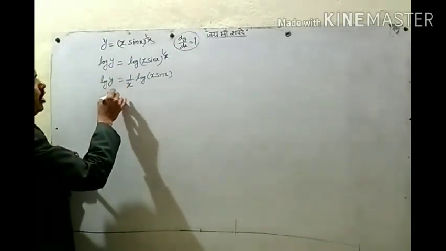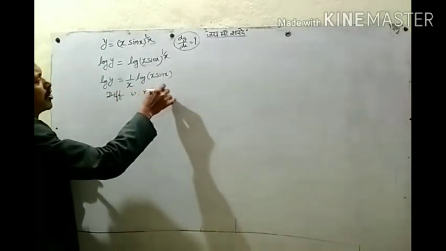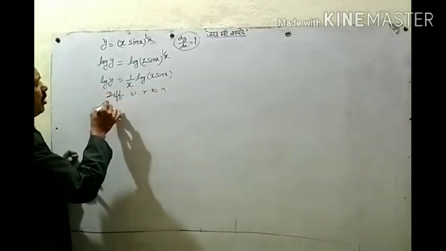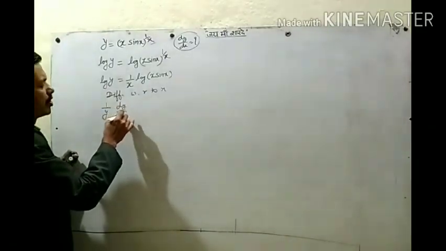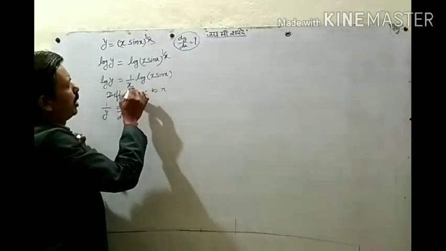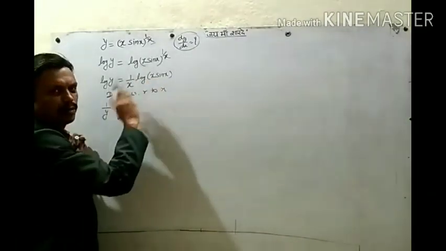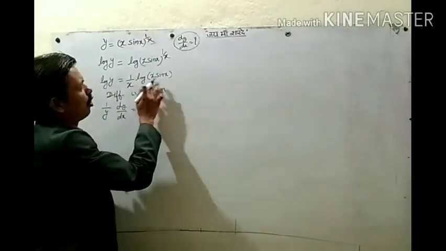Now differentiating both sides with respect to x. Then the derivative of log y is 1 by y into dy by dx. Now here we have two functions, 1 by x and log of x sin x. So apply the product rule: 1 by x as it is into the derivative of log of x sin x.